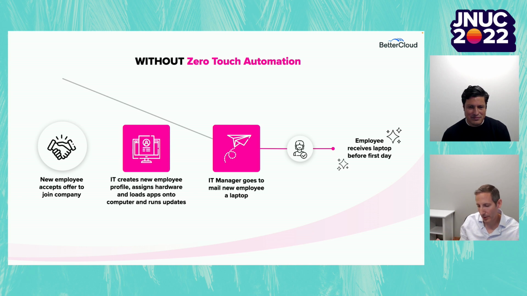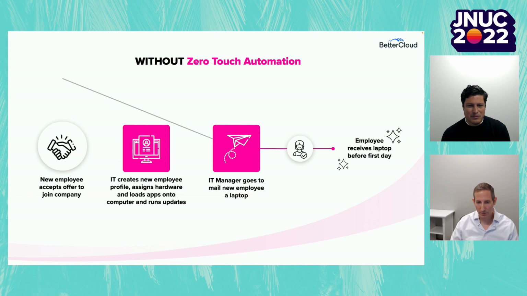So very common onboarding use case where we have a new employee accepting an offer to join the company. And typically what's going to happen in that scenario is somebody on the IT team is going to go ahead and set up the new profile for that employee and is going to assign some type of hardware, a Mac or a Windows laptop, computer, etc. Get all those apps loaded onto that computer, run all the updates we saw Brian doing in that video, and then they've got to actually ship that laptop out to that new employee.